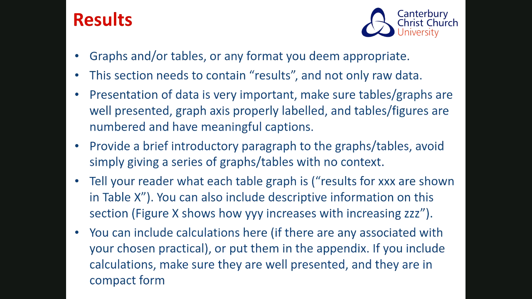This section needs to contain results and not only raw data. For example, if you're performing a titration, milliliters of the chemical will be the raw data, but the concentration of the unknown chemical is actually the result. If you are measuring the partition coefficient of salicylic acid, the weight of salicylic acid in the dichloromethane section is the raw data, but the actual result of the experiment will be the partition coefficient of salicylic acid in dichloromethane.